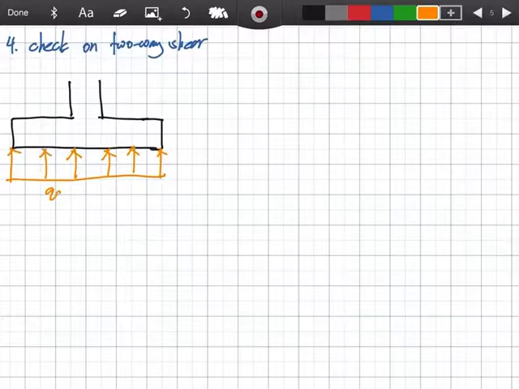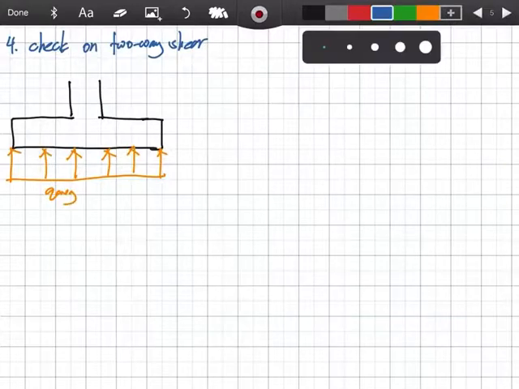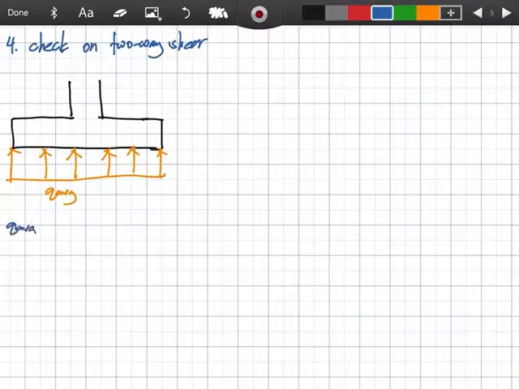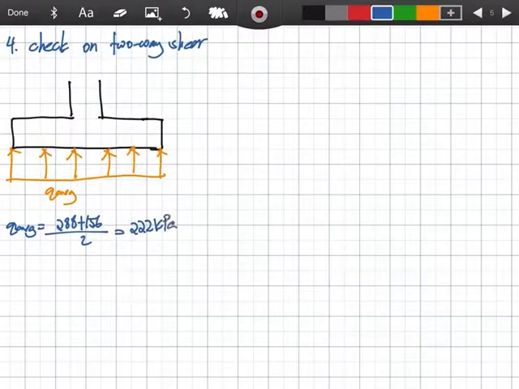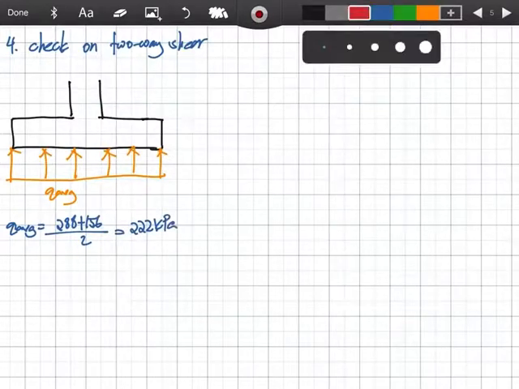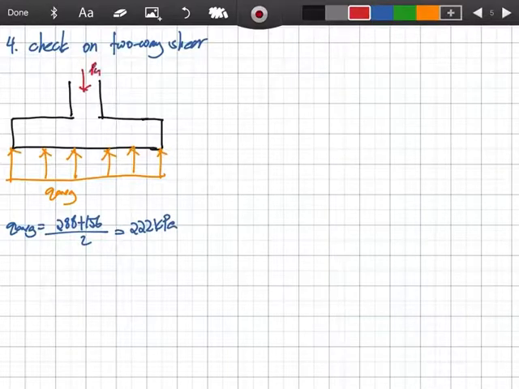So, ang Q average ay 288 plus 156 over 2. This is 222 kilo Pascal.